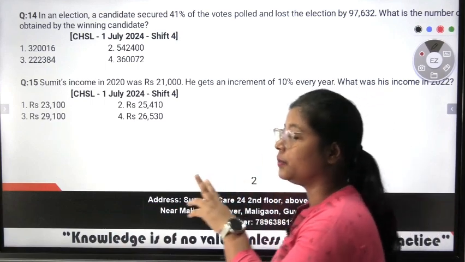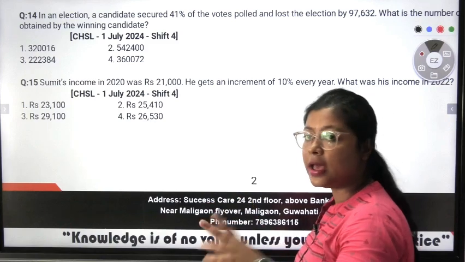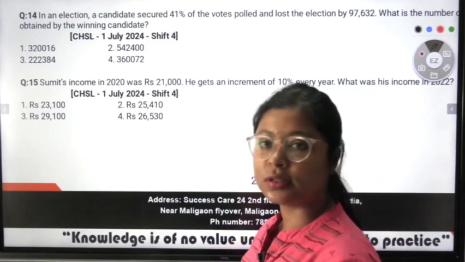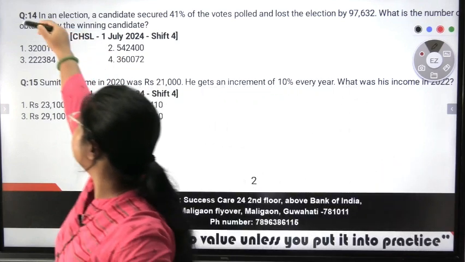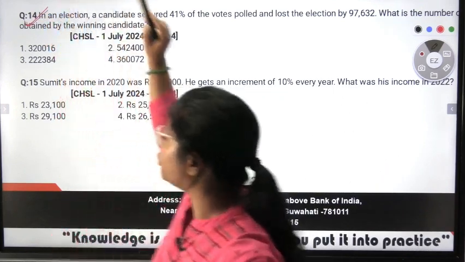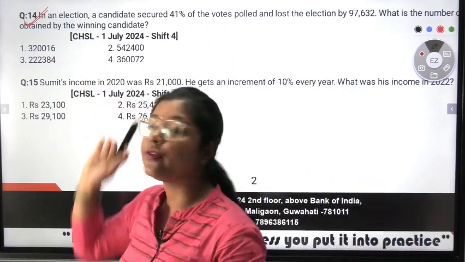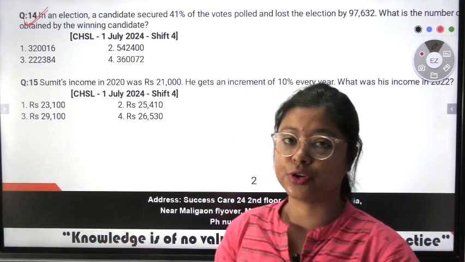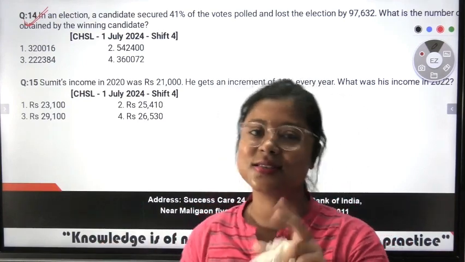In a previous question there were two candidates A and B, and A got 33% of the vote, B got this much of the vote. So we have already done this type of question. So I leave it to you. You solve question number 14 and answer me in the comment box. I have already discussed how to solve such a question. Okay, this is your homework.